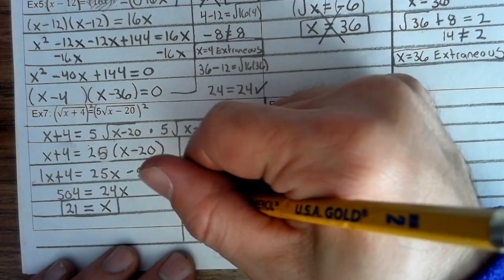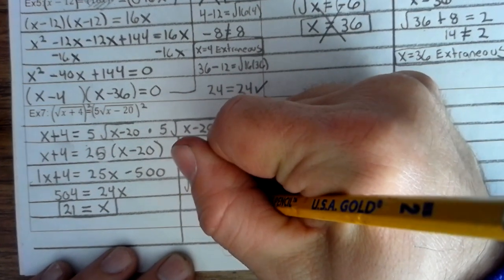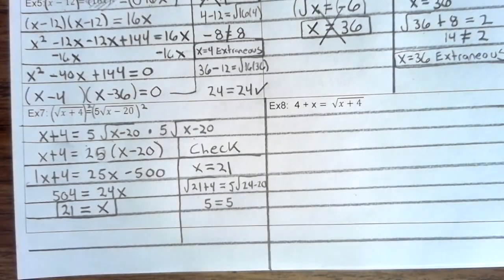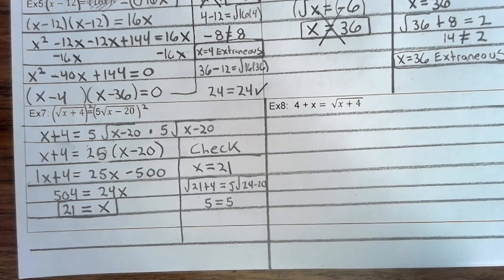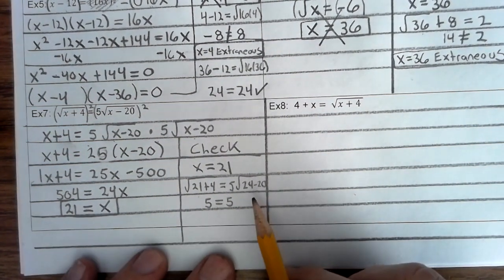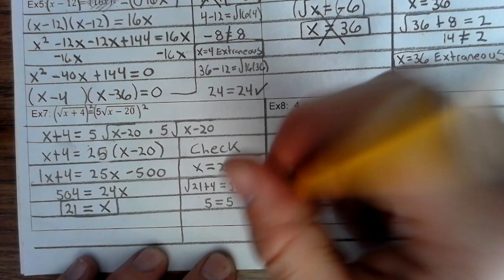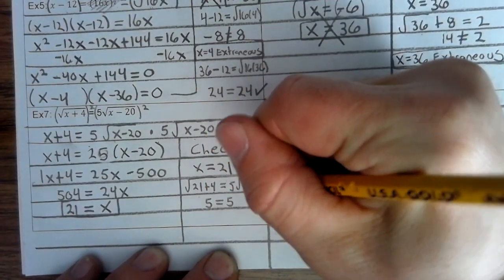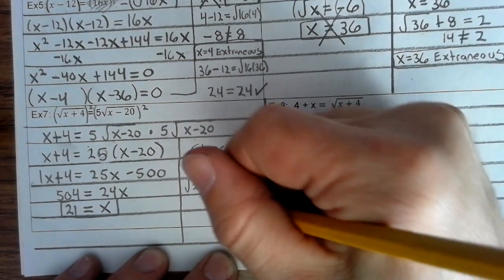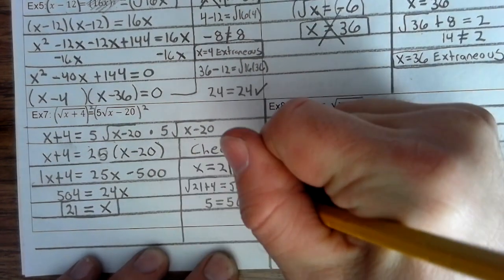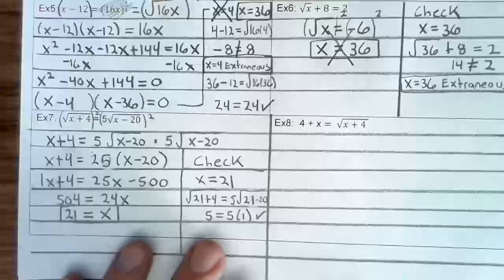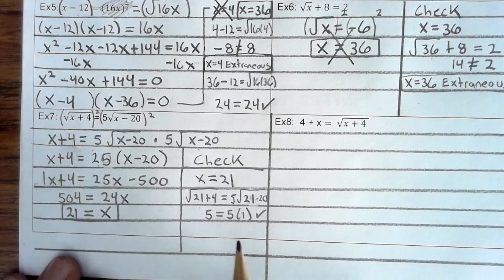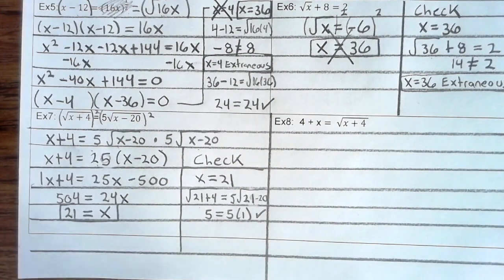Square root of 25 is 5. And hold on, slight mistake. I put a 24 there. That should be 21. 21 minus 20 is 1. So 5 times 1 is 5. So it checks. I apologize for the mistakes on example 7, but they are fixed. That's 25, that's 21, so the math does fall correct.